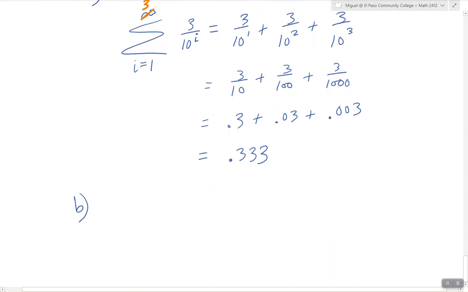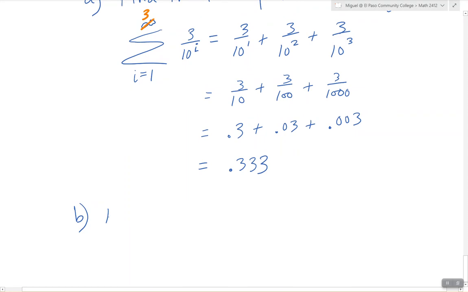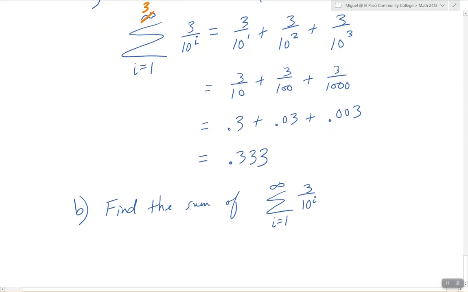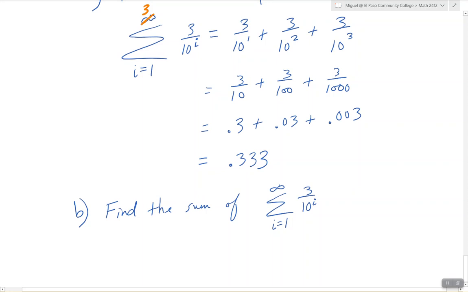But let's actually find the sum now, as it was given. From 1 to infinity of 3 over 10 to the i power. Now, because we already saw what the first 3 look like, right? So think about it.